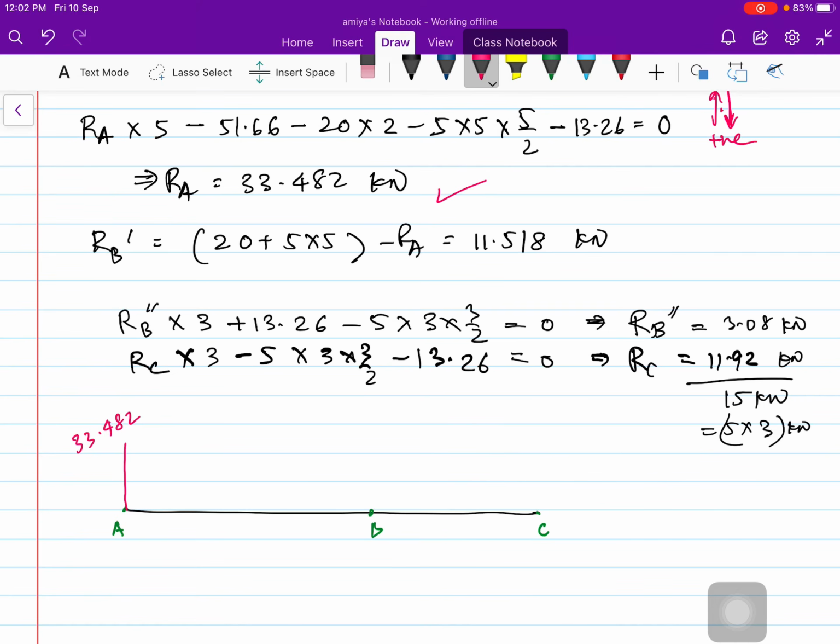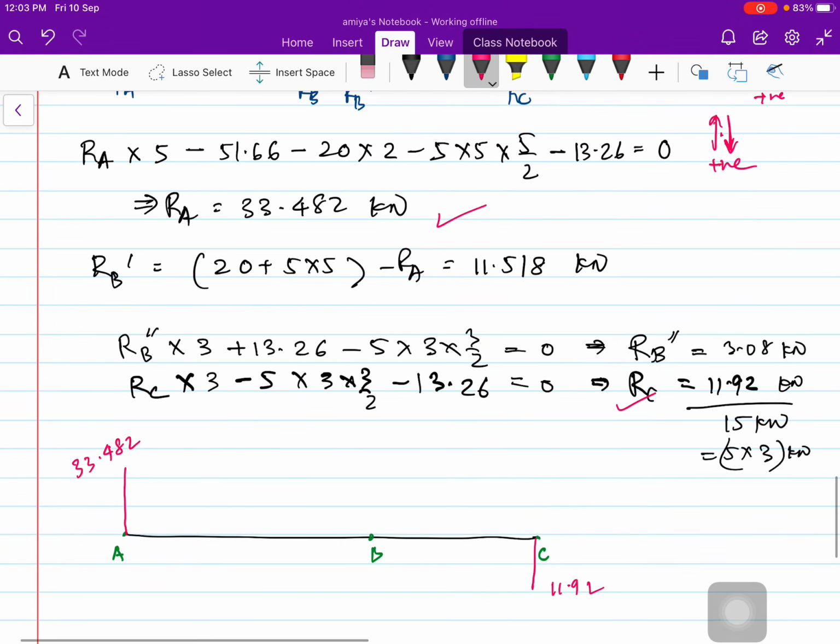Similarly at RC, let's start from here, it is 11.92. And at B dash and B, you can see RB double dash is 3.08, and RB dash is 11.518.